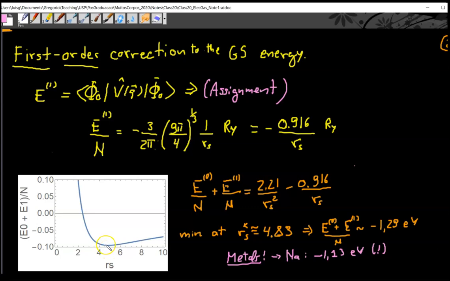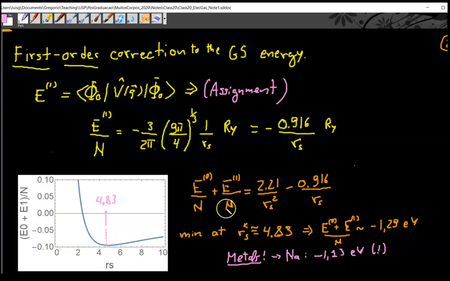Let's see, maybe somewhere around here, and you can actually calculate this, the value of rs where the minimum occurs, and that's 4.83, around there. And you say, oh, all right, so this would be the minimum.